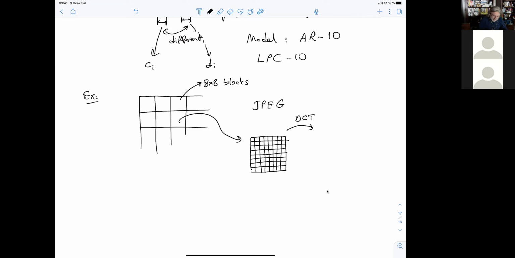And when you apply the DCT to such a small image, the assumption of autoregressive one usually holds very well. And since it works very well, most of the data that we can consider will be condensed.